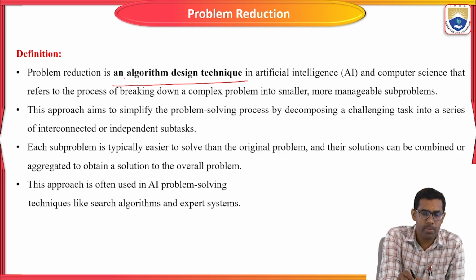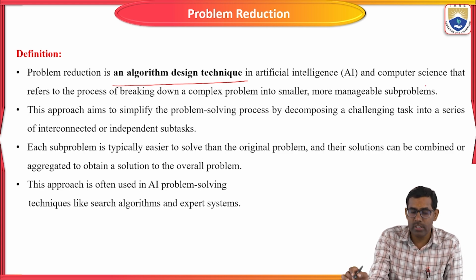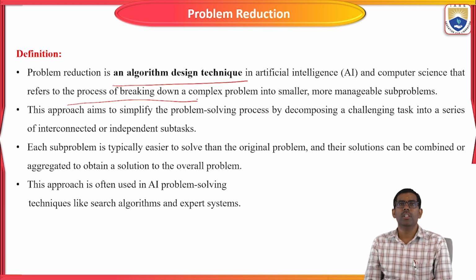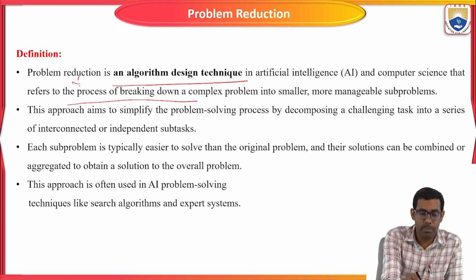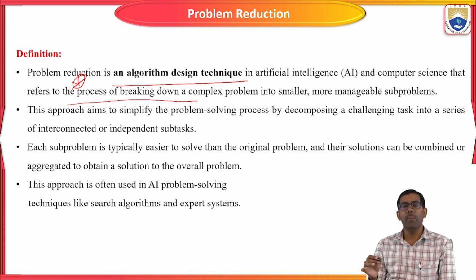Problem reduction is an algorithm technique in artificial intelligence and computer science that refers to the process of breaking down, and this one is important, the process of breaking down a complex problem. One complete problem we are going to divide into a number of sub problems, and each and every problem we are going to solve.